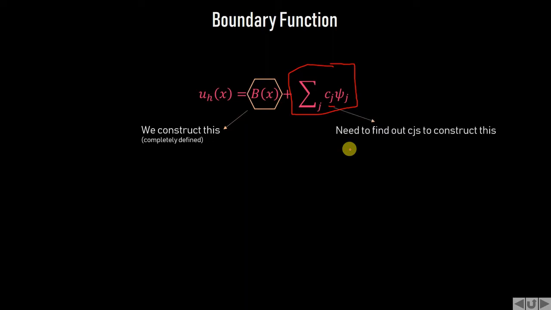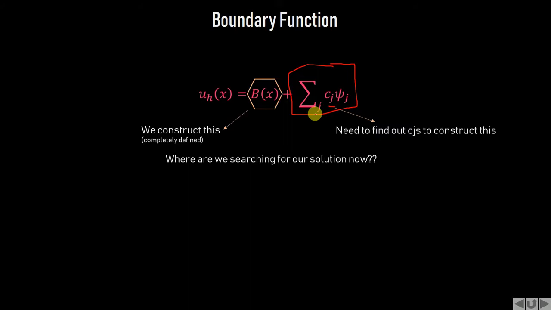So how are we searching for our solution now? Where should we search? Because the trial solution is now something plus this linear combination. So the thing is, now our trial solution doesn't lie in the space V, whose basis functions are these psi-j's.